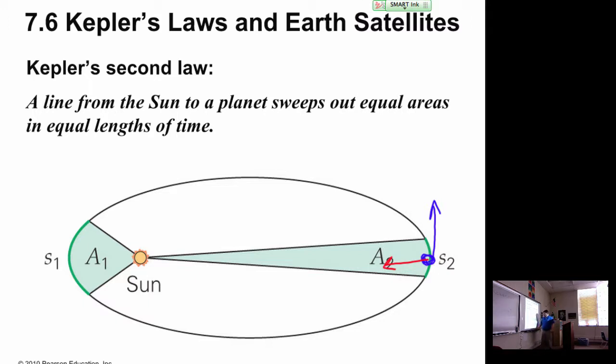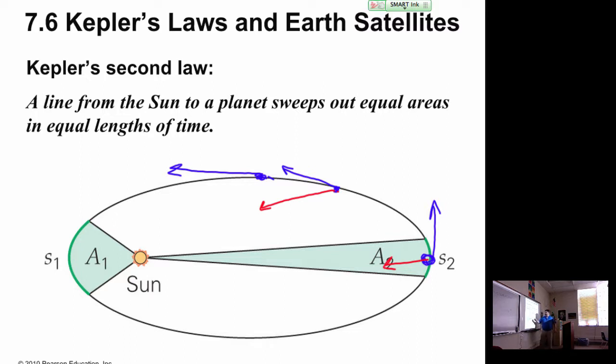Well, what happens as it gets closer and closer? After some time, it gets a little closer. It still wants to travel in a straight path. Now what happens as they get closer? Does the force due to gravity increase or decrease? It increases. So now the force pulling on it is pulling in this direction and it's greater. So what's going to happen to the velocity of this planet? It's going to go faster.